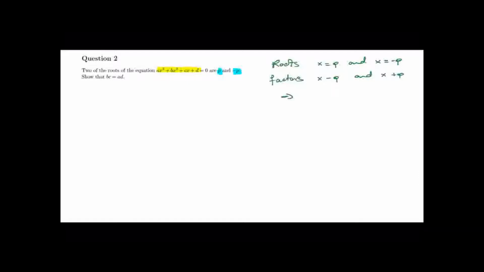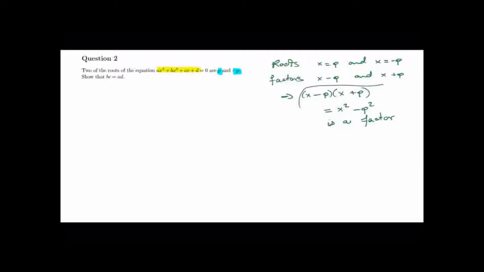So this means that if we have two individual factors, the product of the two factors must also be a factor. So x minus p multiplied by x plus p, which is the difference of two squares, it's x squared minus p squared, that is a factor also.